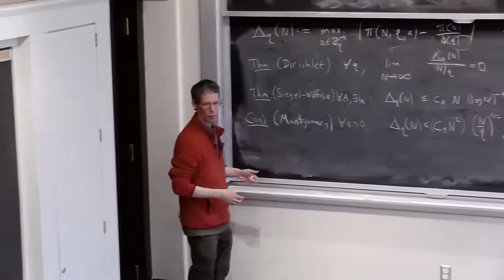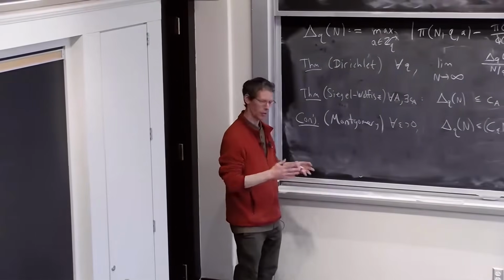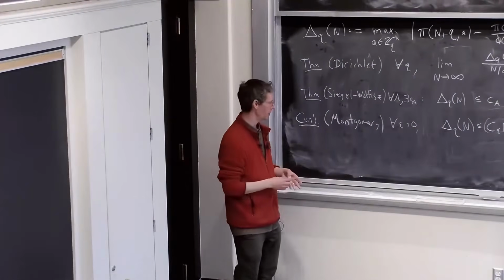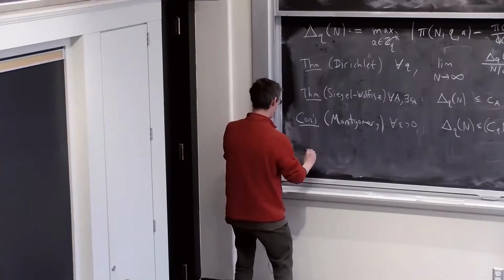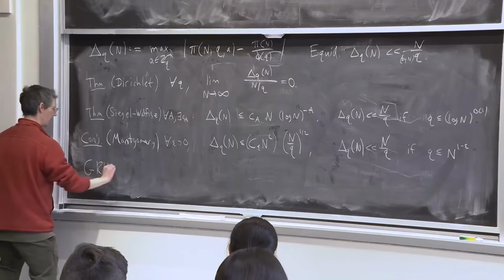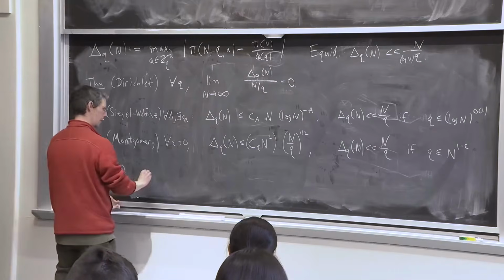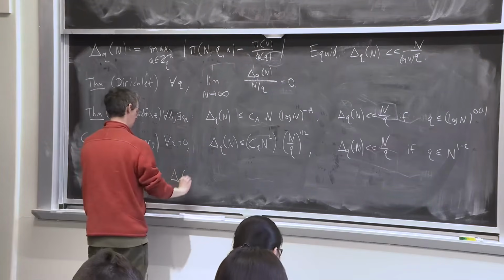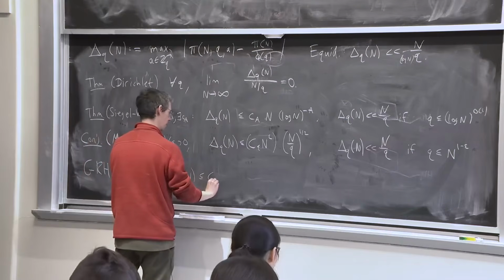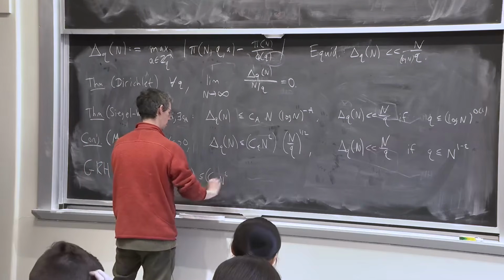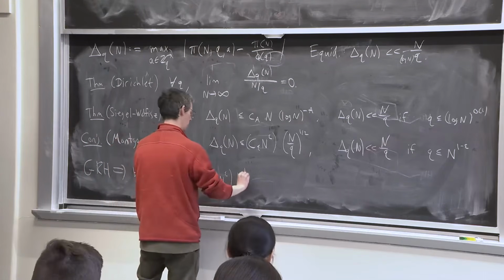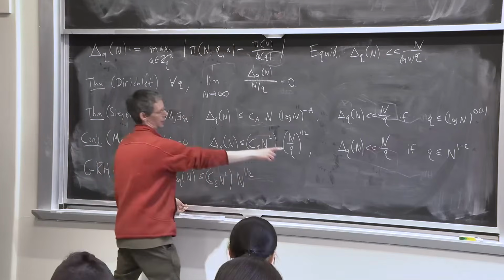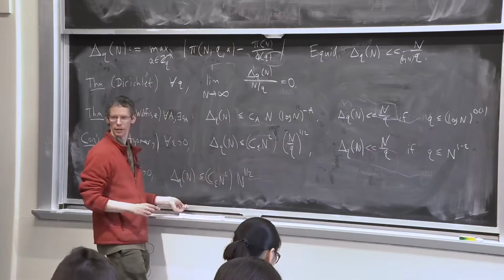If we are willing to assume the Riemann hypothesis, or the generalized Riemann hypothesis, then we get much stronger information, although still not this conjecture. So it says, for every epsilon bigger than 0, delta q of n is bounded by c epsilon n to the epsilon times n to the 1/2. Looks sort of like this, but with no q in the denominator.